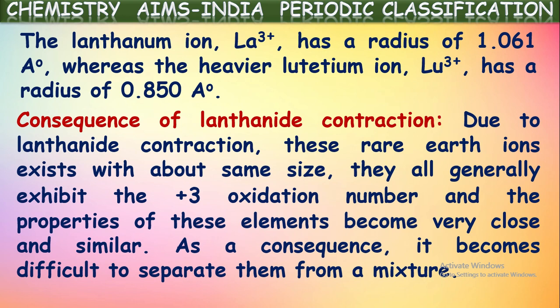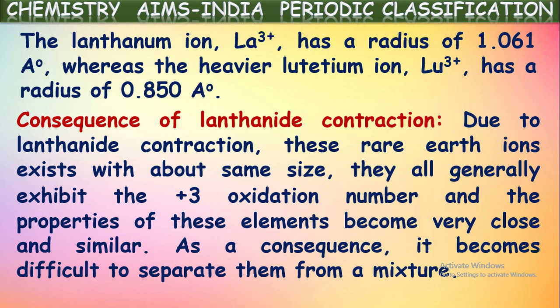So because of this lanthanoid contraction, they all have the same size, the same oxidation number, meaning the same charge, +3, and their properties are almost similar. By these consequences, it becomes difficult to separate them from a mixture. If you get a mixture of these lanthanoids, it is a little difficult to separate the individual lanthanide elements, because they have almost the same size and similar properties.